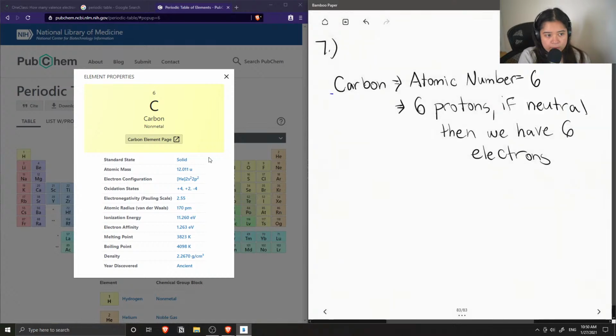So now if we try to draw this electron diagram of an atom of carbon, we can show how the inner shell contains 2 electrons out of the 6. And then the outer shell will have the remaining 4.